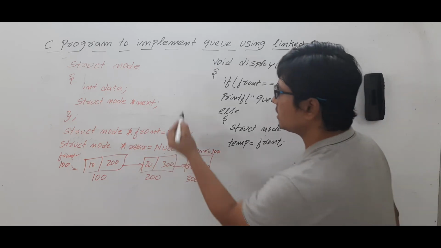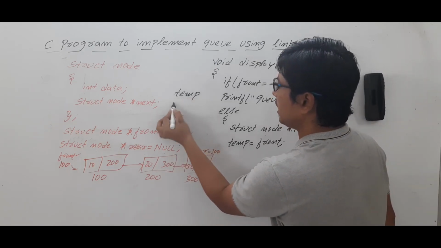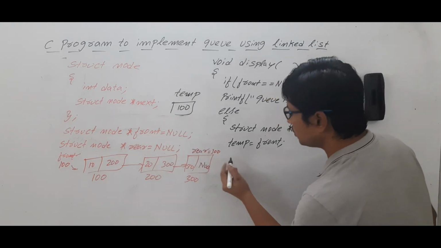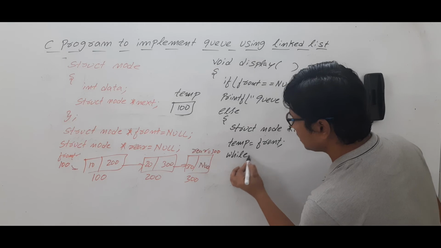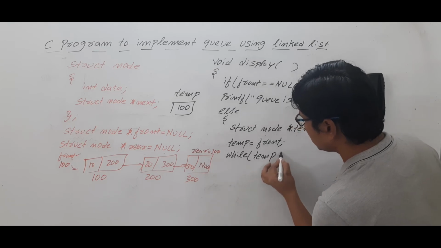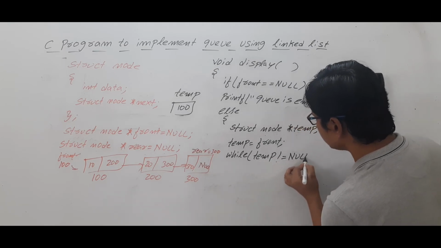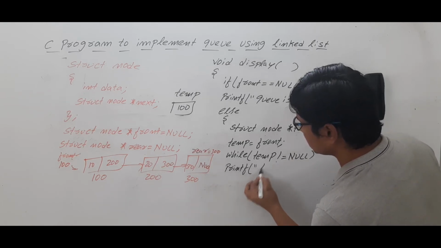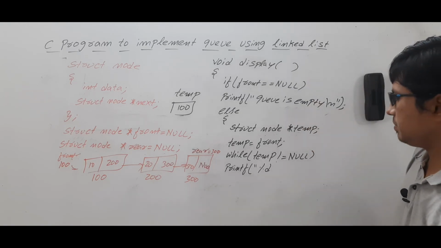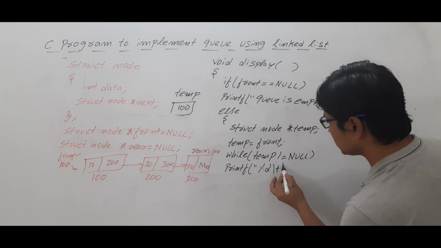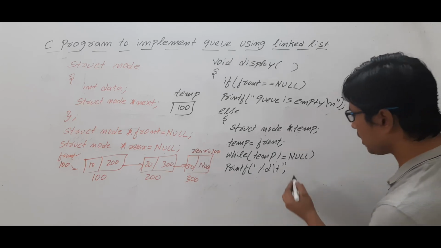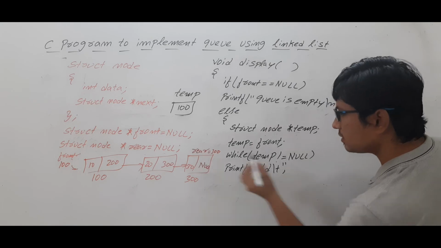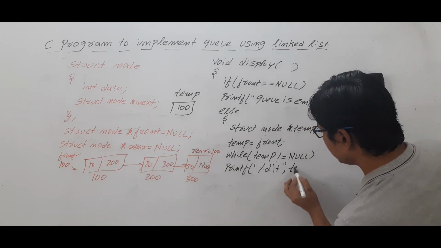So you are creating a variable called temp and you are writing 100. Okay, is it clear? Then what we will do is, while temp not equal to null, printf %d \t, then you have to write temp of data.